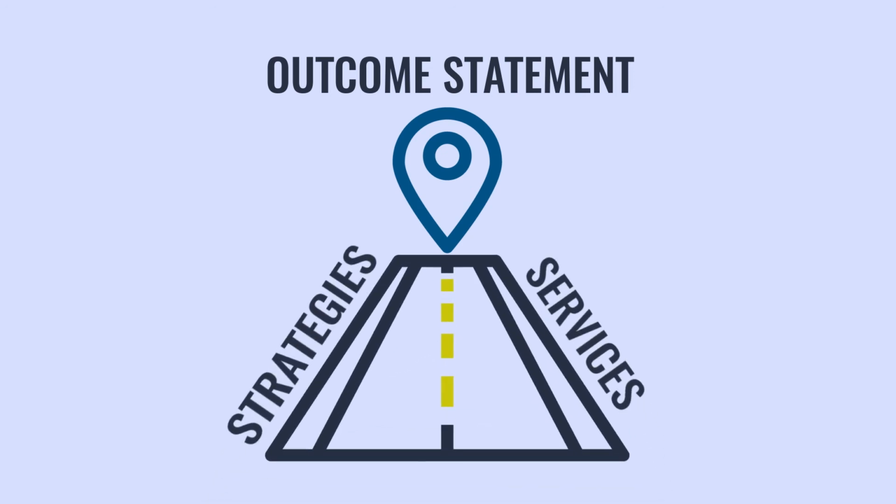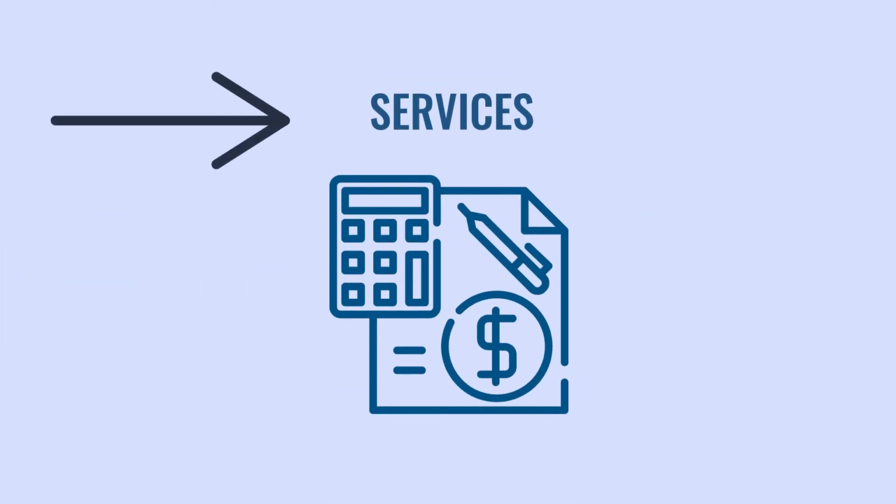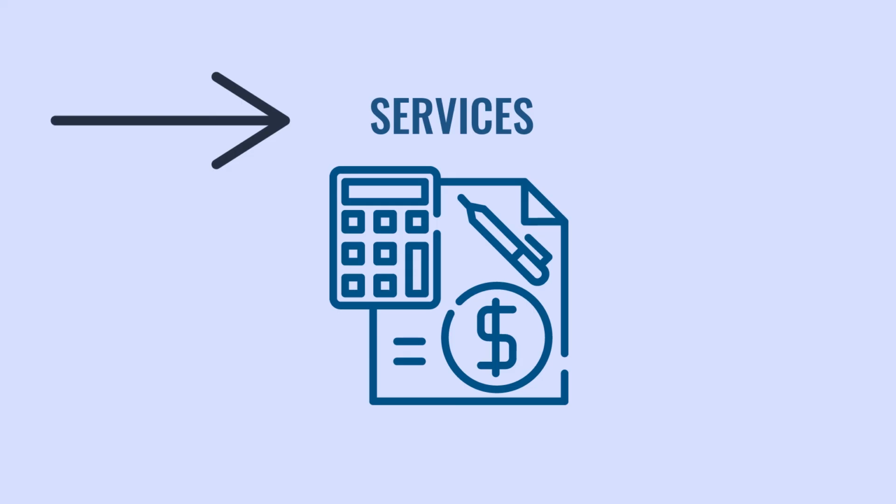The services you offer are like the roads you take to get to your destination. An example might look like this. Families do not have financial management tools. An outcome statement might be, families have financial management tools and are able to start saving. With this goal in mind, your agency may offer services like budgeting classes or debt counseling.